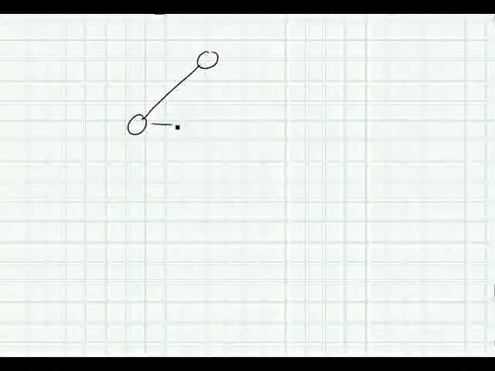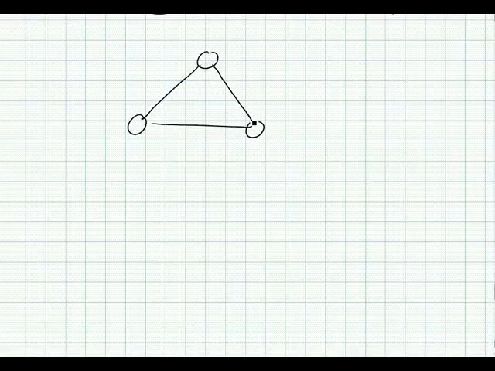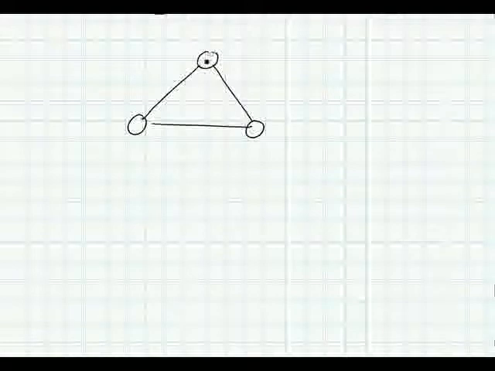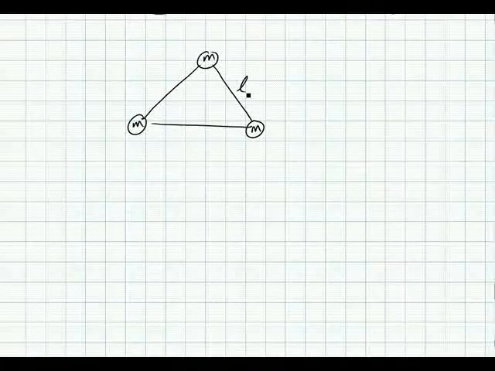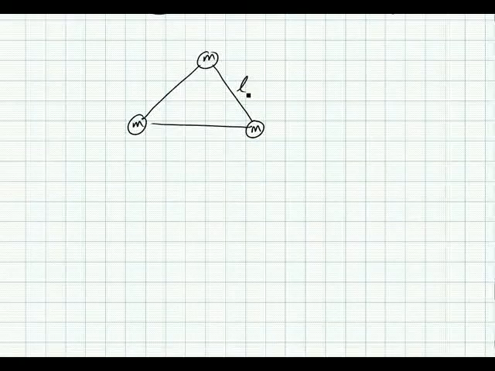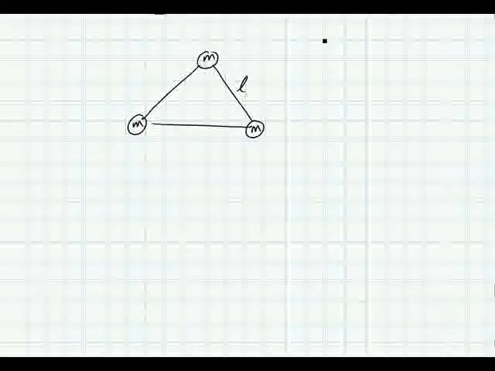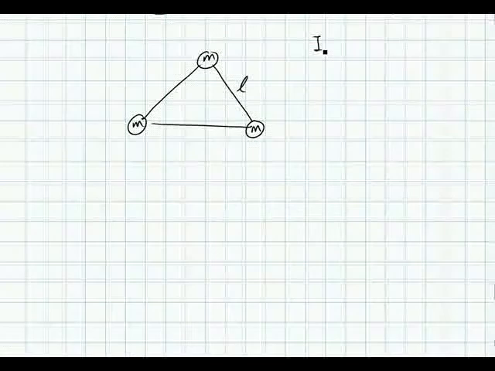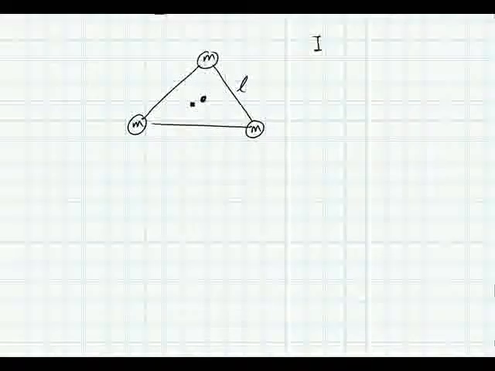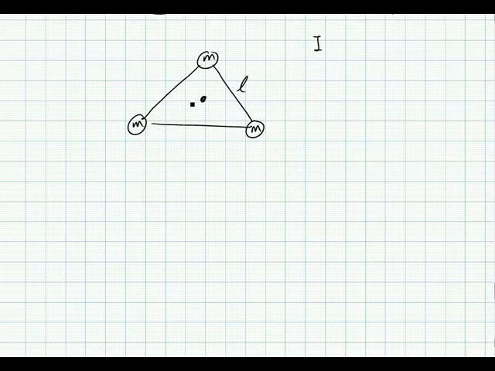If we are given a shape of an equilateral triangle, an extended body in the shape of an equilateral triangle, equal masses at each corner and side length L, and we are asked to, for example, calculate the moment of inertia of this object about a rotation point that is in its middle.